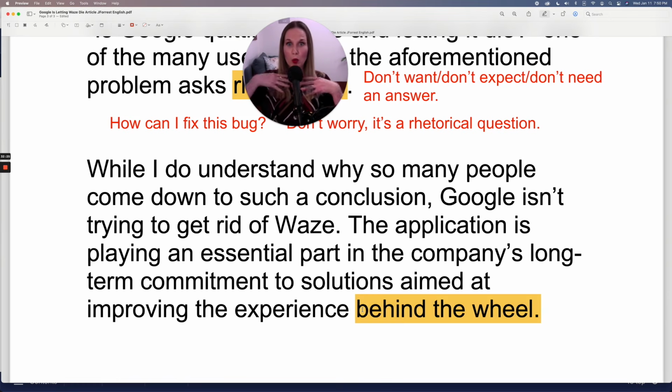Because you as the driver, your position, here's the wheel, and I'm behind the wheel. So we use this, sometimes you'll see advertisements. Now, let's say this is alcohol. Someone might say, don't drink and get behind the wheel, which is another way of saying don't drink and drive, right? So it just means to be driving if you're behind the wheel.